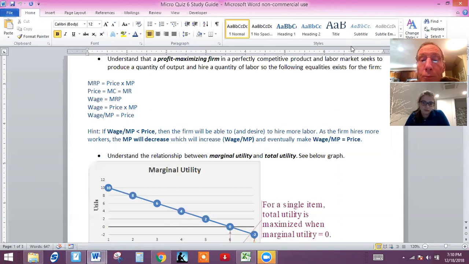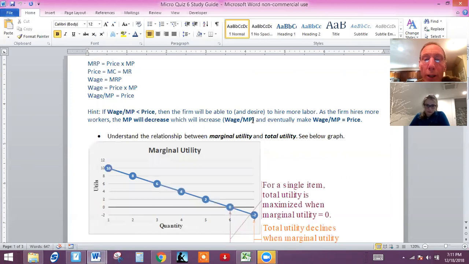Because remember, in a perfectly competitive market, the firms are what we call wage takers. They have to take the nominal wage that's in the market, just like they have to take the price. So wage can't change, but they can change the marginal product by hiring more or less workers. And we're assuming that they're at the point where if they hire more, marginal product's going to drop, okay? So make sure that you understand how those relationships work.